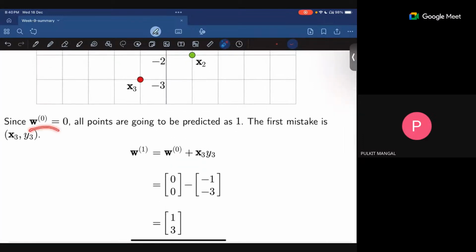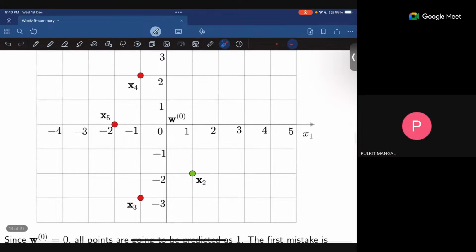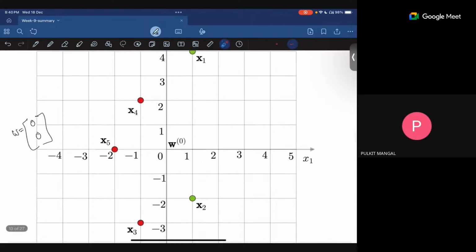Now we will start. Our initial weight vector is 0. If we take the dot product of each data point with this weight vector, it will always give output 0. That is the tiebreaker condition, and we have taken the convention that in the case of a tie we will predict the output as positive 1.